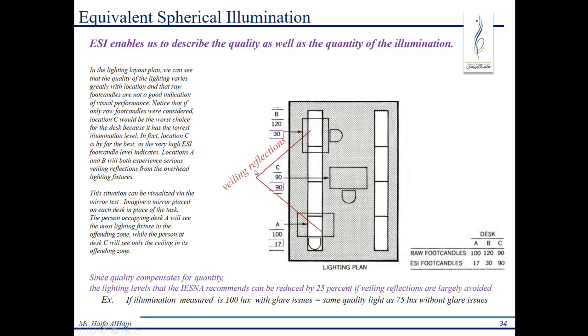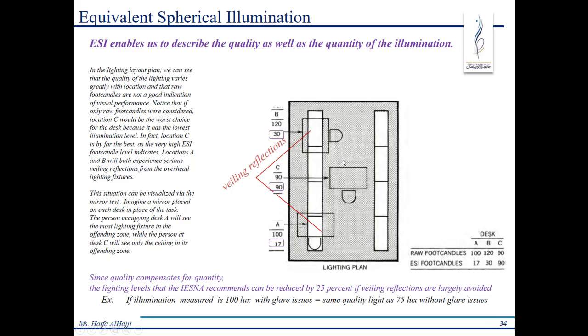Now, the recommendations that we saw earlier for task lighting actually took into consideration that some of the lighting will experience some veiling reflections and some degradation by glare. Not a very large amount, but they took a minimal amount into consideration, and they said that if there is no glare or no reflection, then the recommendation can be increased by 25%.